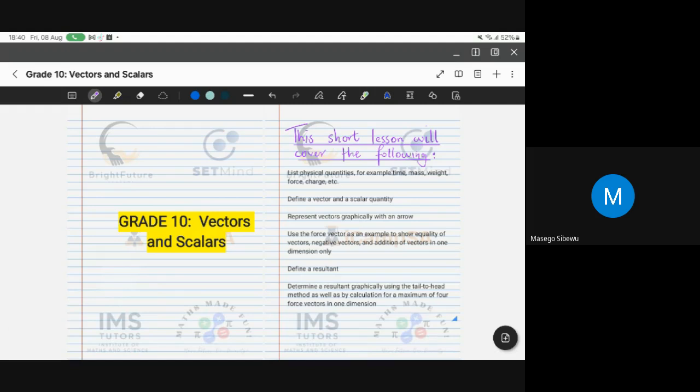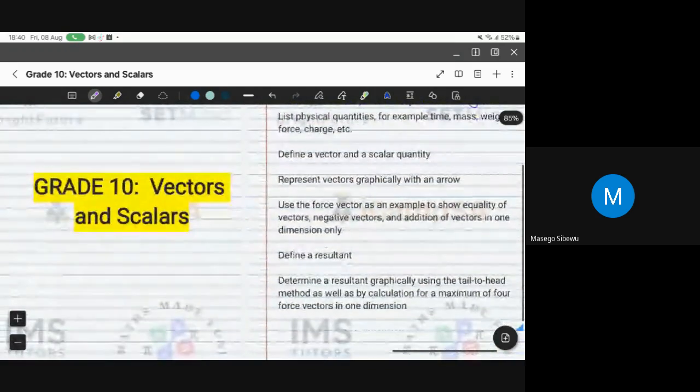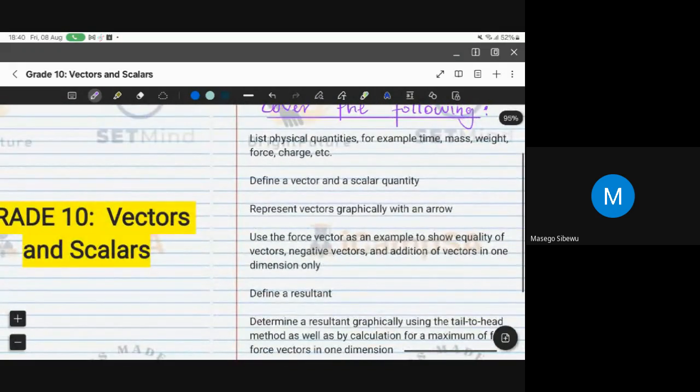What we want to achieve after this lesson is that you should be able to list physical quantities, for example, time, mass, and so on. And most importantly, you should be able to define and differentiate between a vector and a scalar quantity.